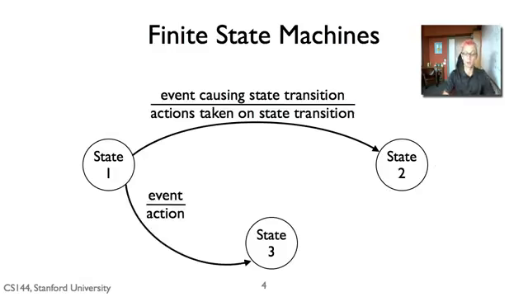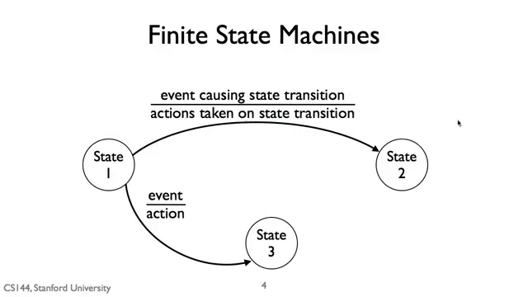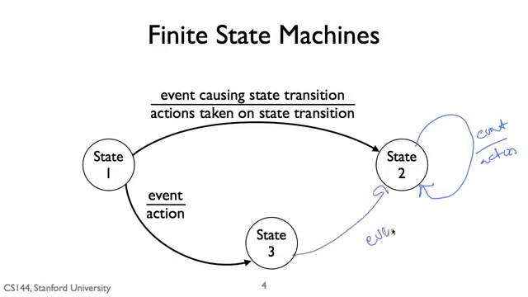You can have multiple events and actions, but generally there will only be one edge between any pair of states. For example, here we could have a state transition within the state with some event and some action. We could have a transition from state 3 to 2 with some event and some action, and a transition from state 3 to 1 with some event and some action.